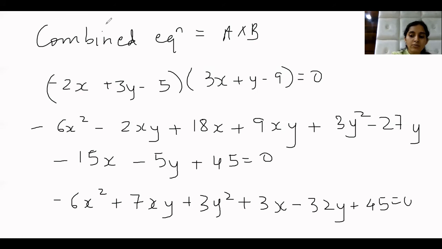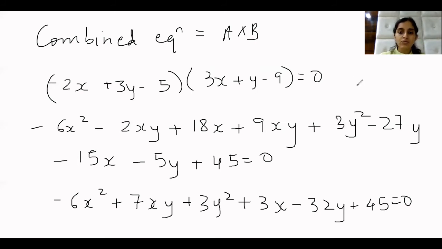If you want, you can multiply the entire equation with a minus sign. So you would get 6x square minus 7xy minus 3y square minus 3x plus 32y minus 45 equal to 0. Okay, that's the combined equation of these two lines.